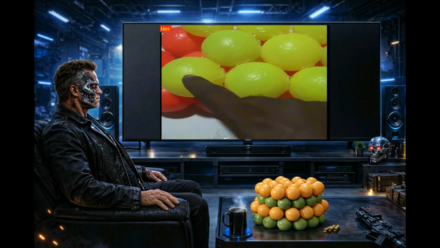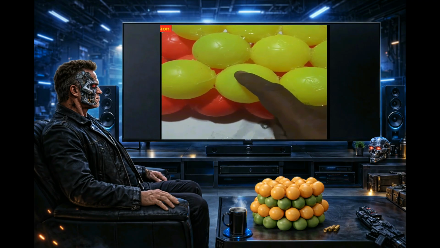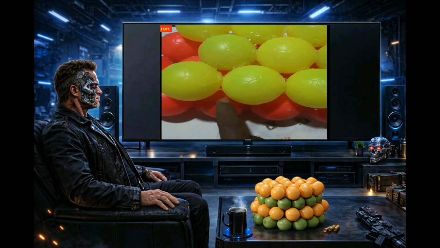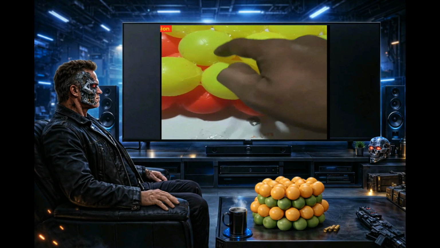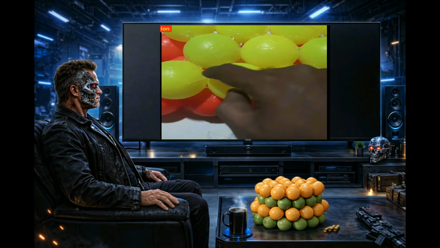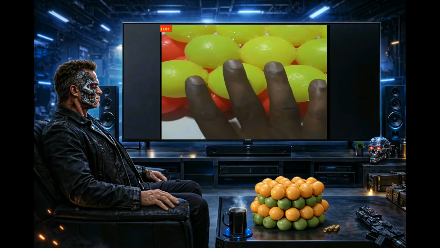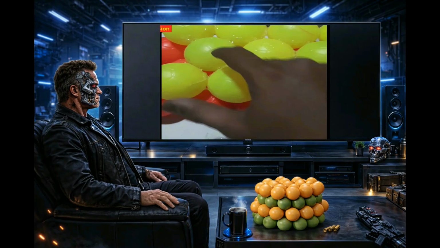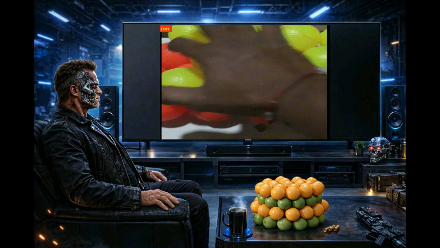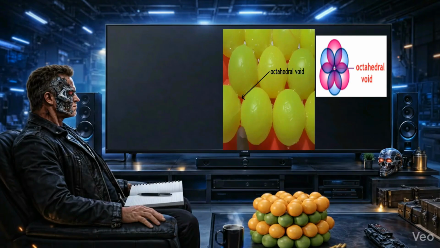This void space is formed by 3 atoms above, 1, 2, 3, and below there are also 3 atoms. So this is an octahedral void. An octahedral void is formed by 6 atoms, 3 atoms above and 3 atoms below. So this is the octahedral void.